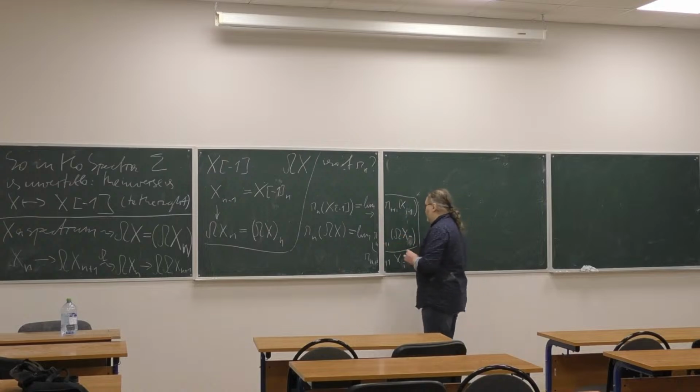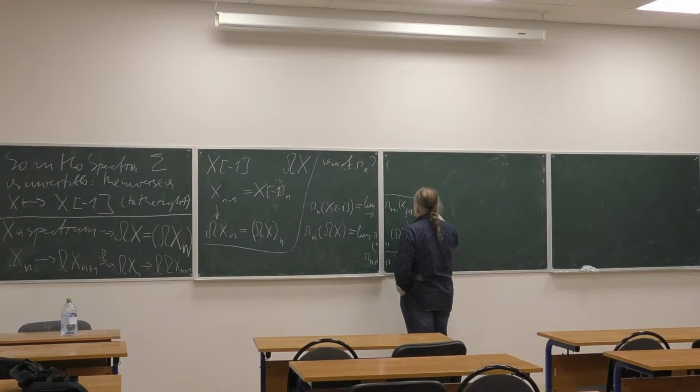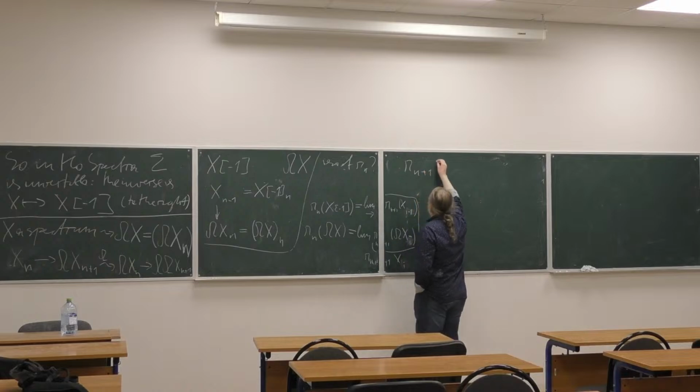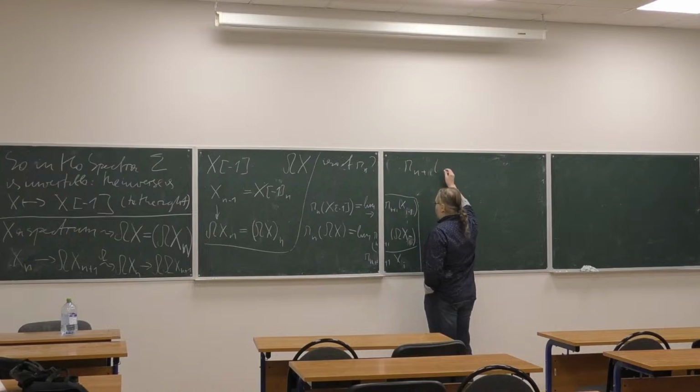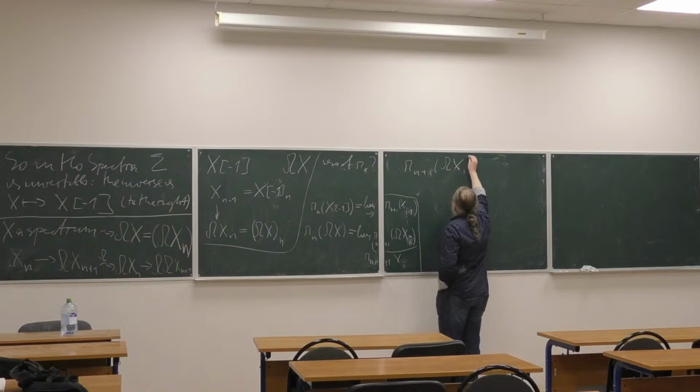Let's look at this one, at the second limit. So we have pi n plus i of omega x i.